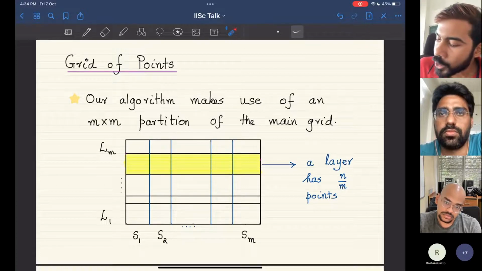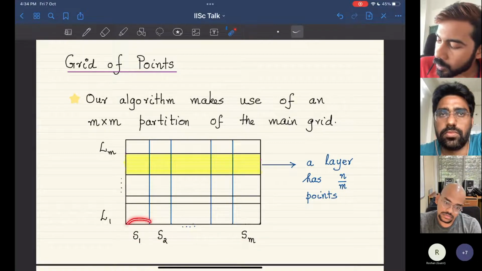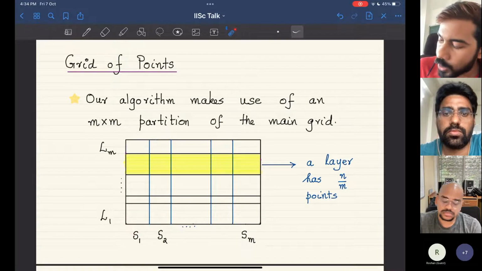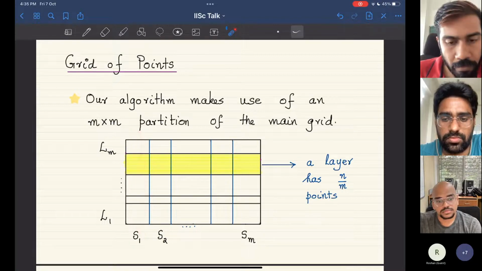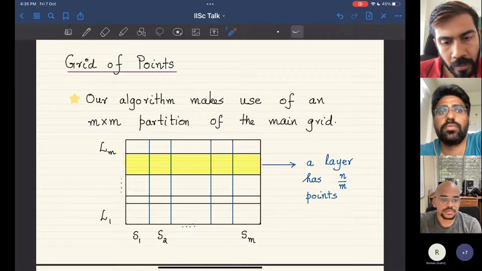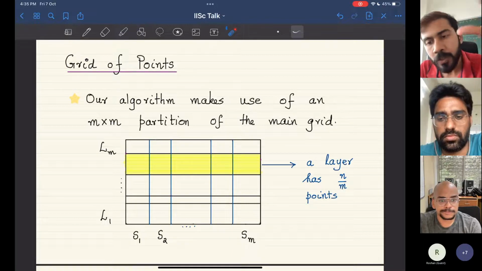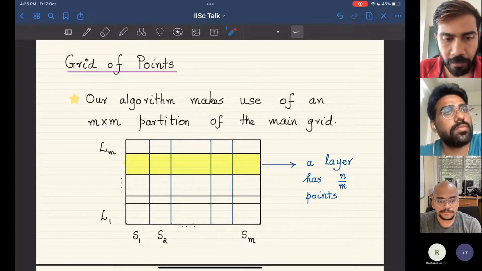And I also partition the index set into equi-sized subarrays, where each stripe contains n over m indices or points. Okay, so this is my partition, and I'm telling you that with high probability I can do this partition.